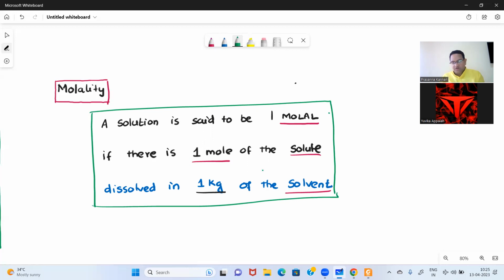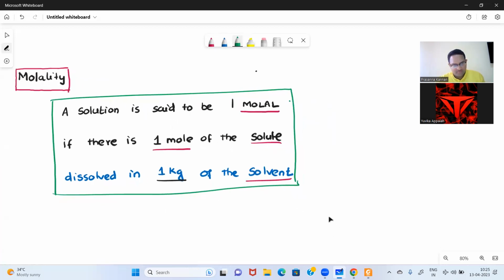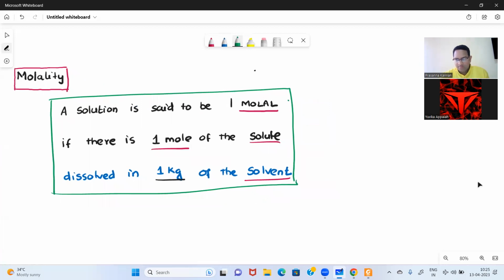So suppose if I ask you to prepare 1 molal solution of sodium hydroxide, right, Viveka? Yes, sir. So what would I do? You take 40 grams. Yes, very good. So 1 mole of sodium hydroxide you're going to take. So how much is 1 mole of sodium hydroxide? 40 grams.